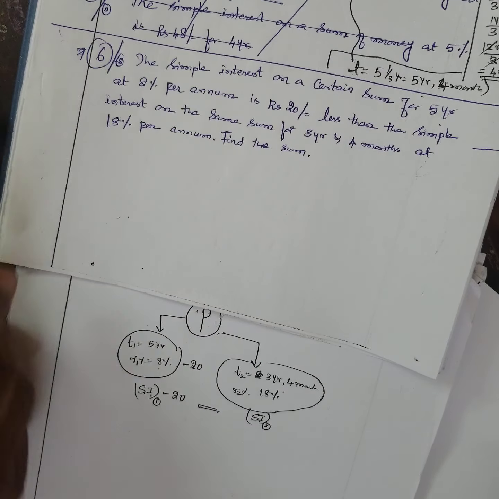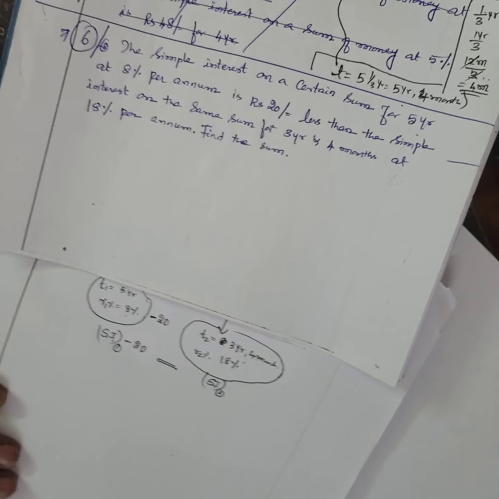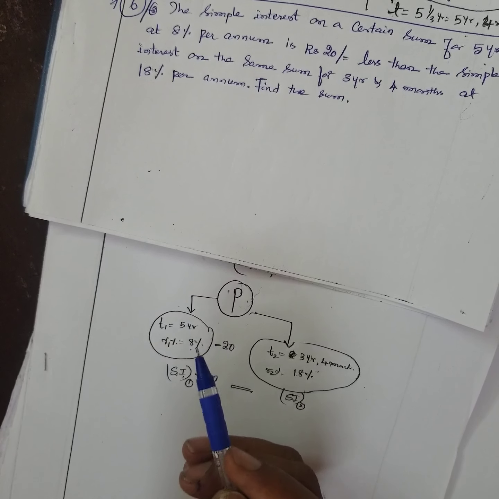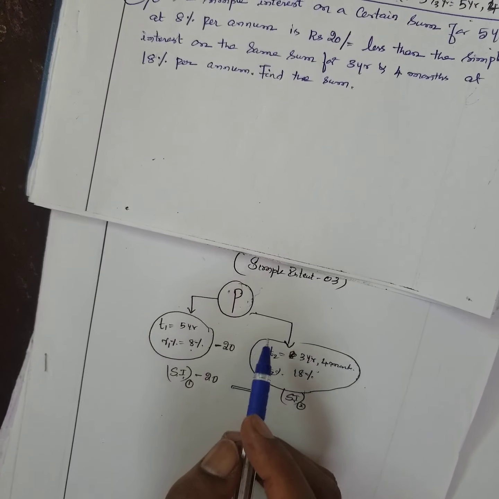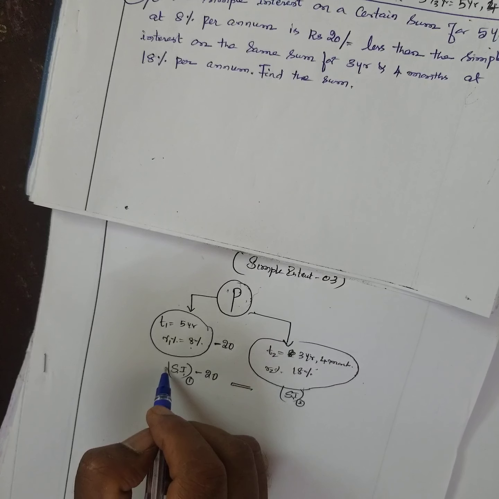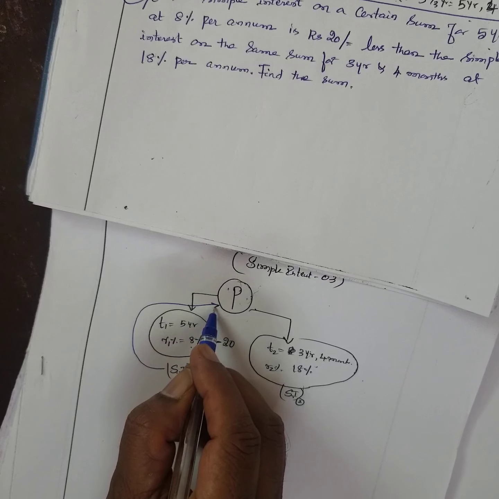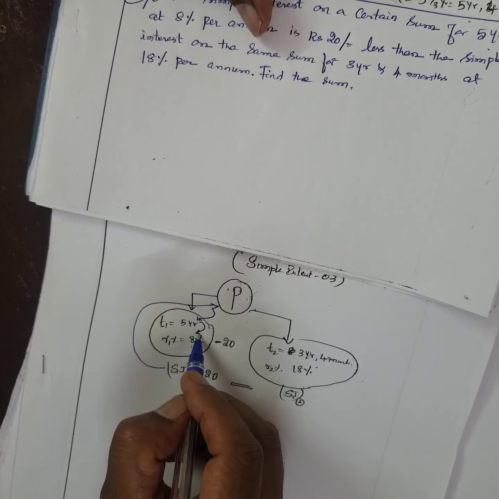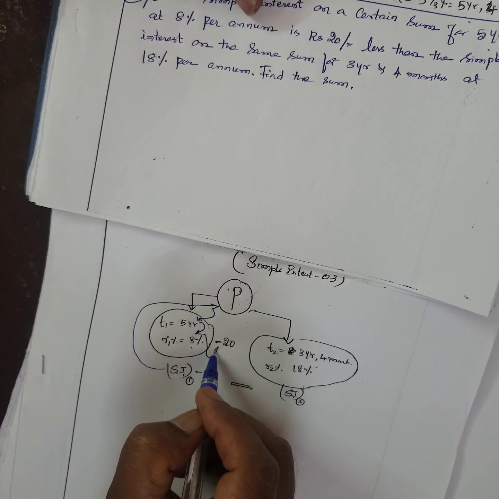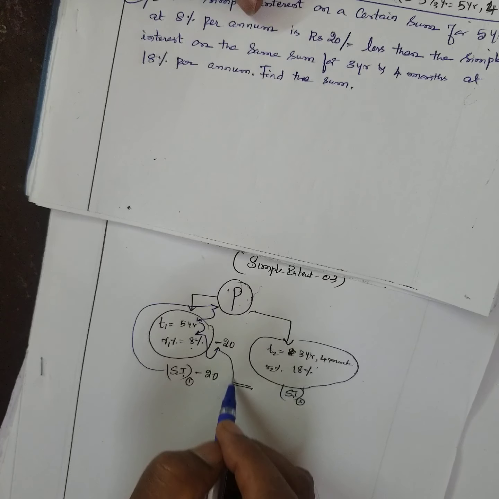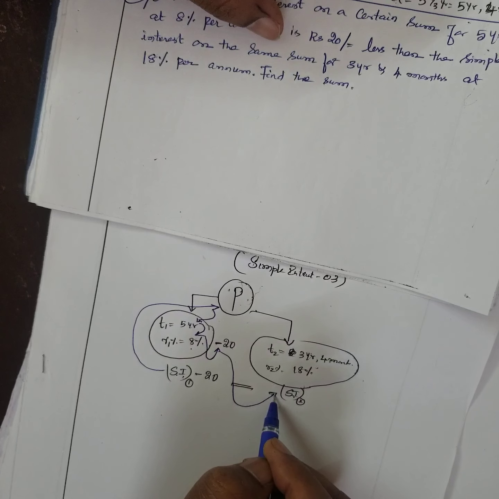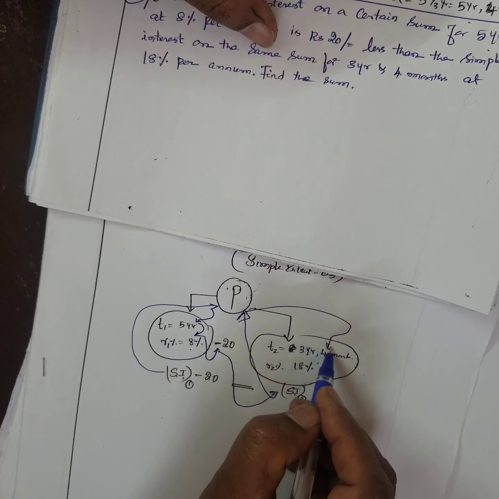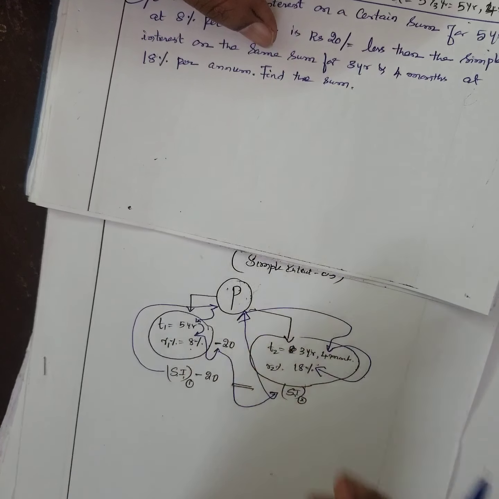See how it is going, really problematic. This English language, see how it starts. When we translate directly from an Indian language to English, this is the problem. The simple interest on a certain sum of money for 5 years at 8% per annum is less than the simple interest of the same amount for 3 years, 4 months and 18%.